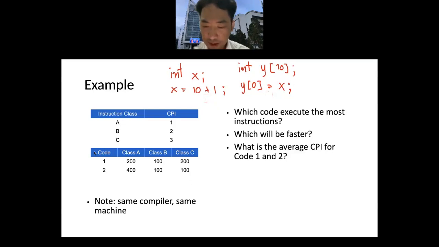And how about this one? Let's say, if true, then calculate something like this, x equal to 1.